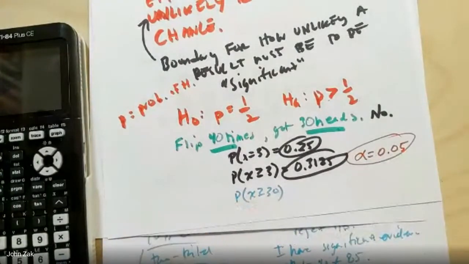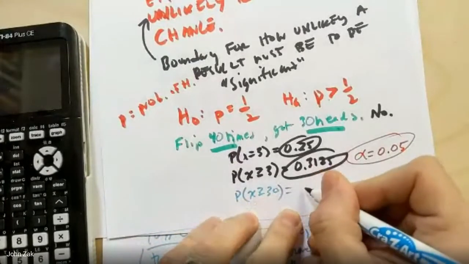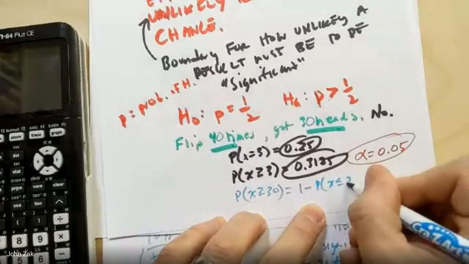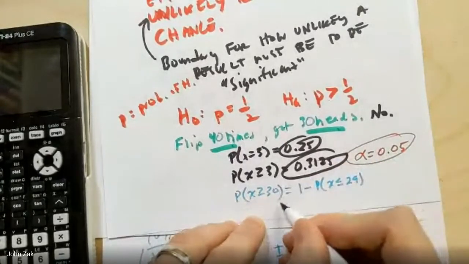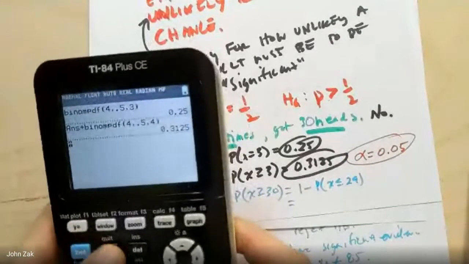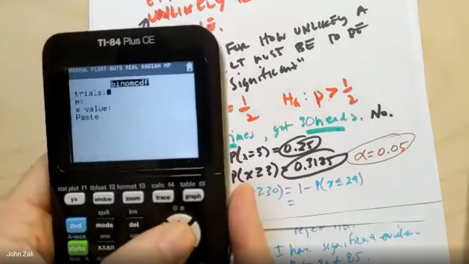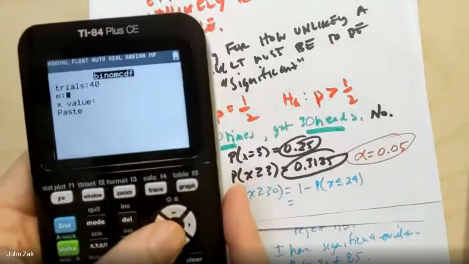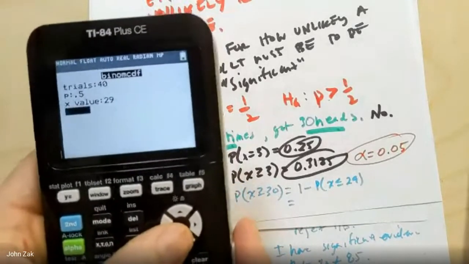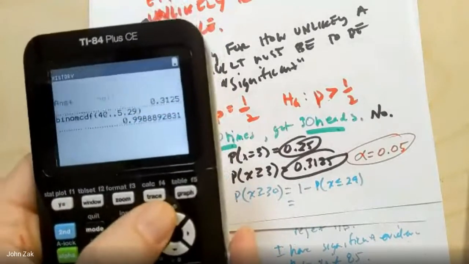And to calculate this, let's go back to binomials. I could use binom CDF. Remember, binom CDF does everything to the left. So I could do 1 minus the probability that x is less than or equal to 29, and evaluate it that way. Binom CDF with 40 trials, the probability of success 0.5, less than or equal to 29, and then 1 minus that result.